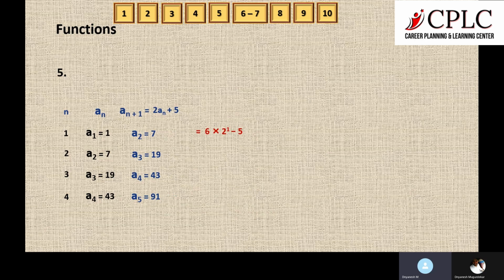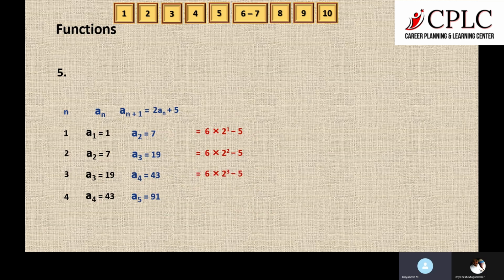So the first one, when you substitute n as 1, a1 is 1, so a2 will be 7. That a2 can be represented as 6 into 2 raised to 1 minus 5. 6 2s are 12. 12 minus 5, 7. A3 can be represented as 6 into 2 raised to 2 minus 5. That is 6 4s are 24 minus 5, 19, and so on.